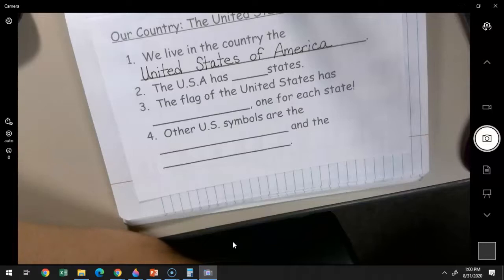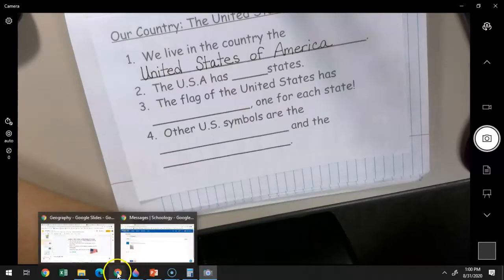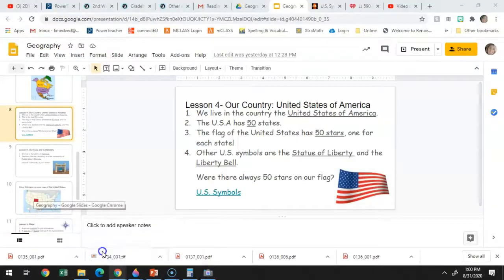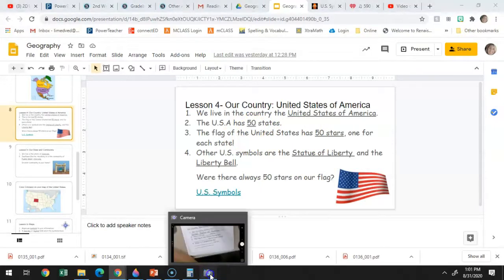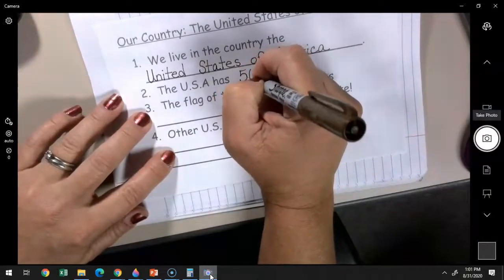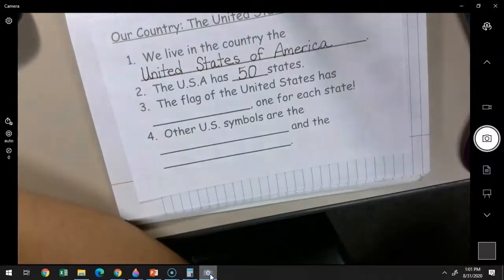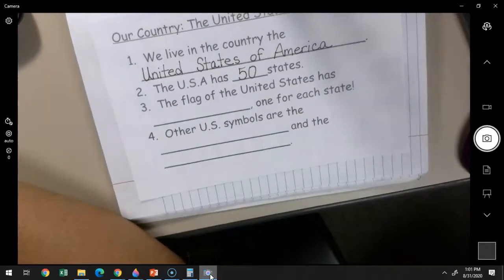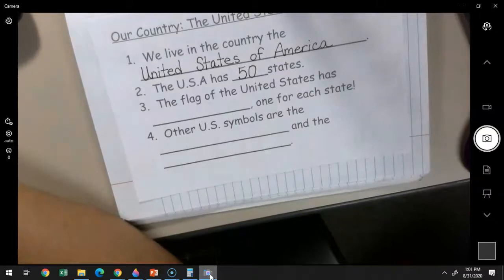The United States is made up of smaller regions called states. And the United States has how many states? The United States has 50 states. So we're going to go back to our notes and fill in here 50. 5 tens, 0 ones, 50 states. The flag of the United States has blank, one for each state.